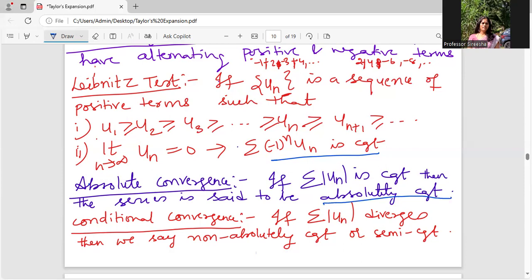This absolute convergence and conditional convergence is valid only for alternating series. Now, what if I take the absolute value of the series and it diverges? Then we will say that it is non-absolutely convergent or semi-convergent, or the proper word is conditional convergence.